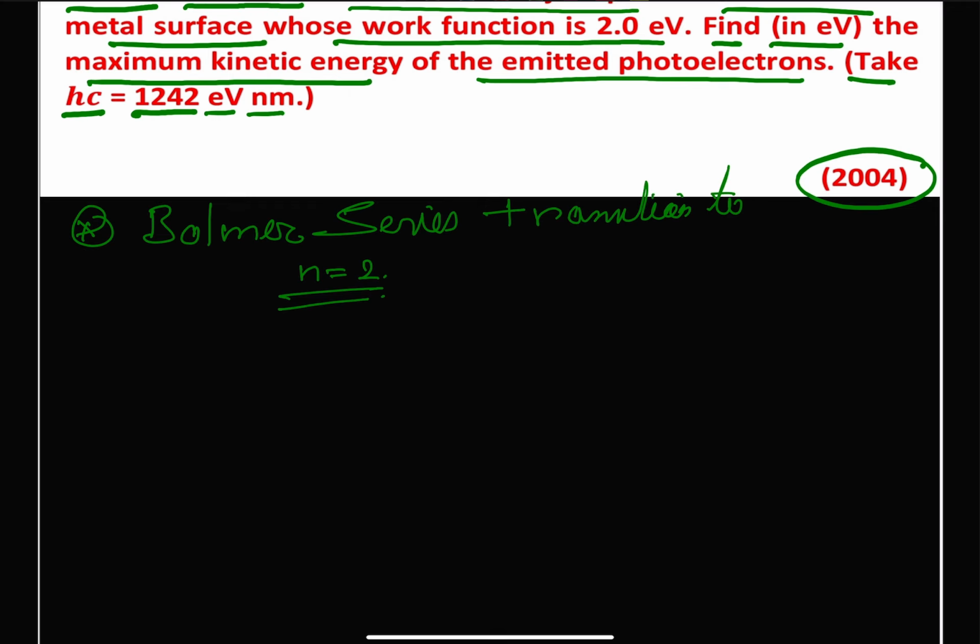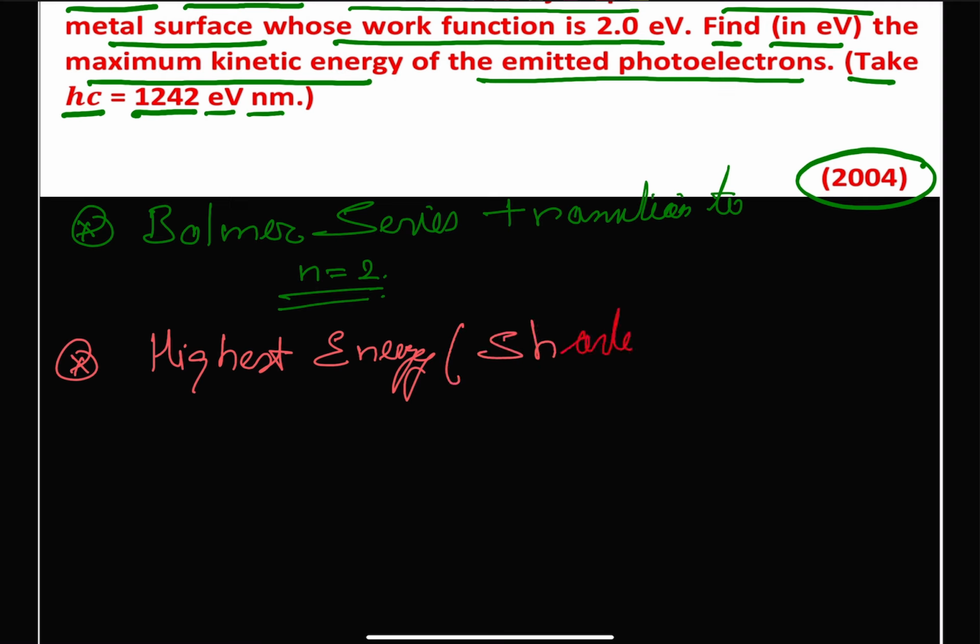So we can say highest energy, or shortest wavelength, shortest wavelength in a Balmer series for the given range.